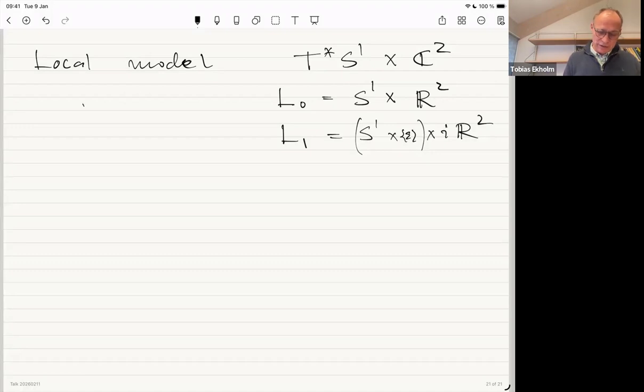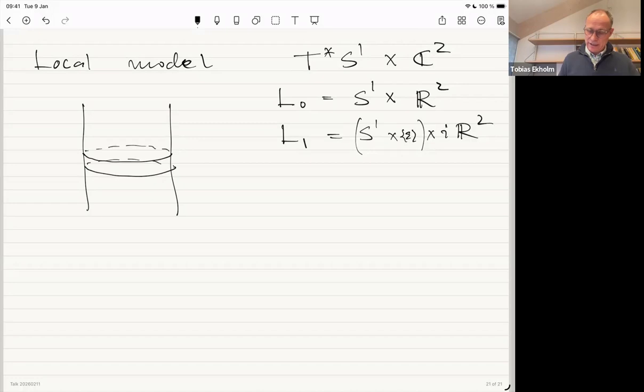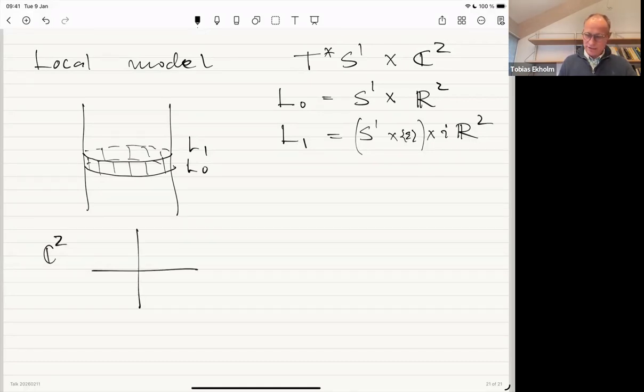Okay? So here, as you see, we have this model. If I first draw this T star S1 thing here, in this direction, this is L0 and this is L1. And indeed, I have my favorite annulus and maybe all its covers. If I draw in the C2 directions, it basically just looks like this, right? So this is R2 and this is iR2.